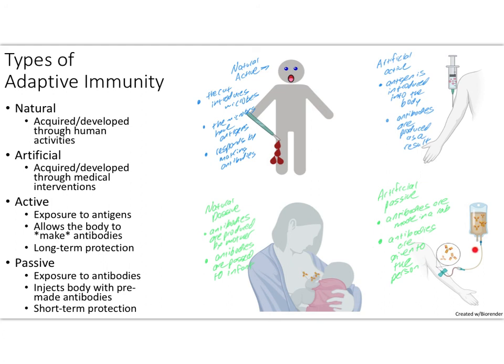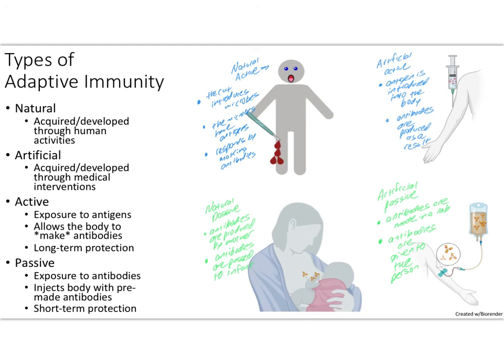This technique is also one that's being used to treat COVID in many cases. When you hear about people receiving monoclonal antibody treatment, this is what is happening. They are receiving antibodies to COVID, and those antibodies are going to fight the infection. And this is a form of what we call artificial passive immunity. Those antibodies that they're being given are antibodies against COVID.